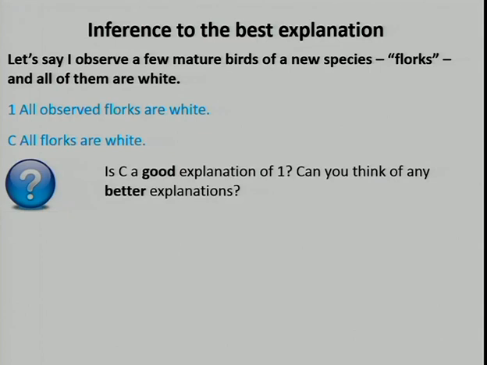So it would depend, and I think that's exactly right, that this is underdefined, right? We would want to know more about premise one, all observed ones are white. So we would want to know how many have been observed, have different ages been observed, have they been observed in different regions, maybe by researchers in all countries where they occur, or whatever.